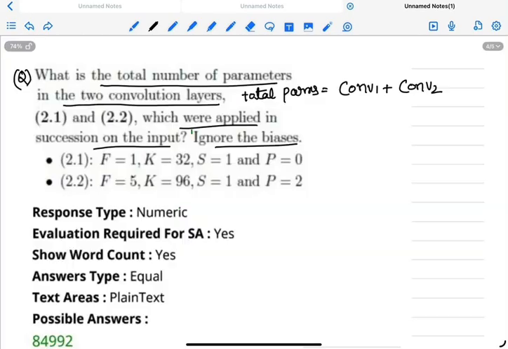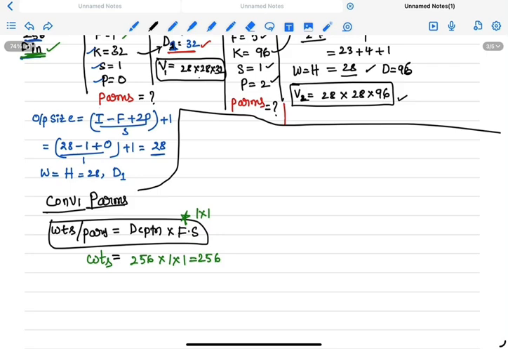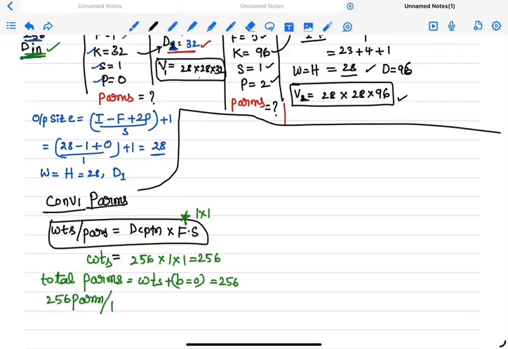These are weights. In the question it is mentioned that biases are 0. So bias is 0, so total parameters are weights plus bias equals 0, that is 256. That is 256 parameters per filter, for one filter. So how many filters are there? 32 filters.